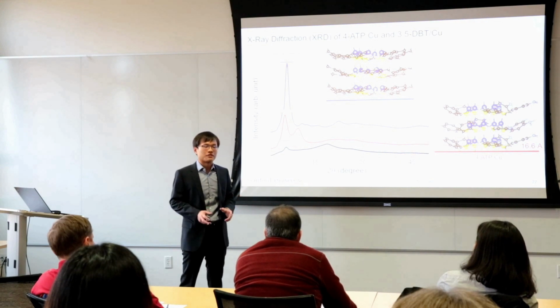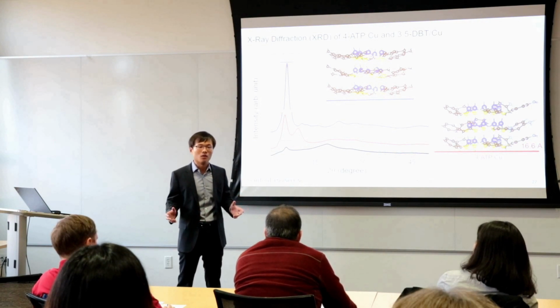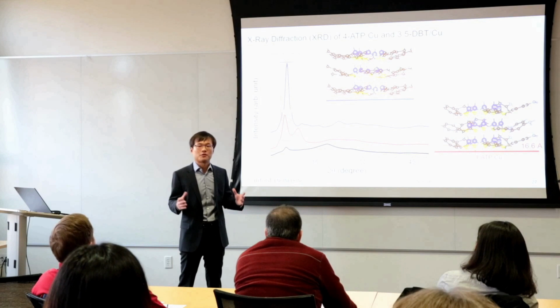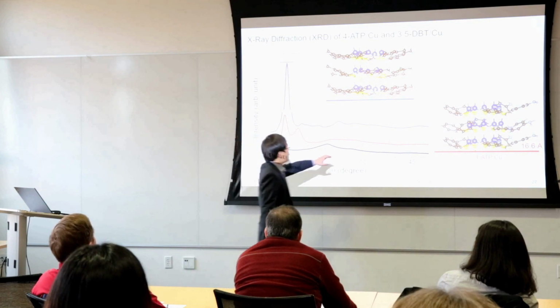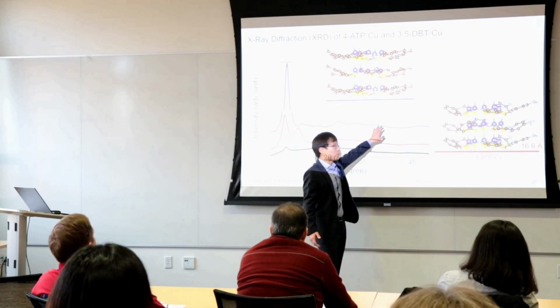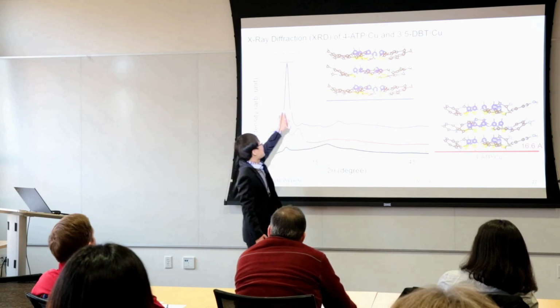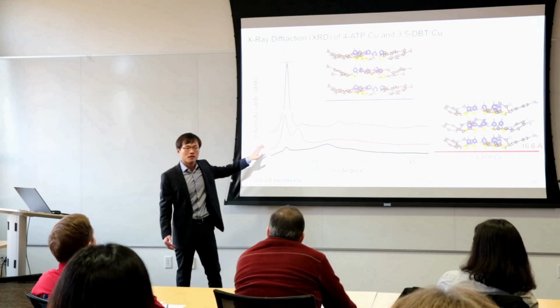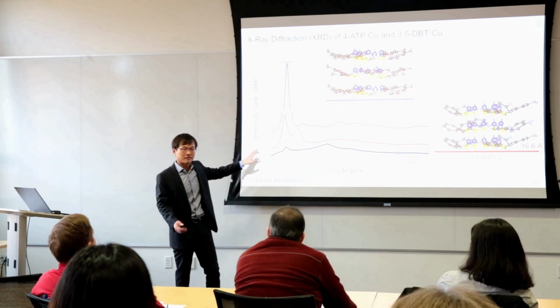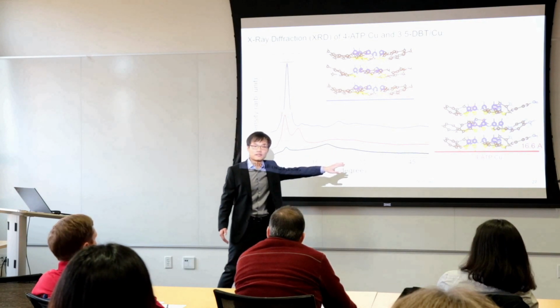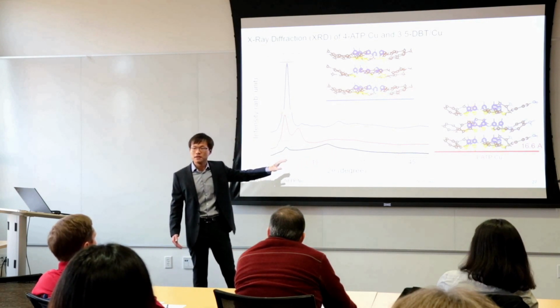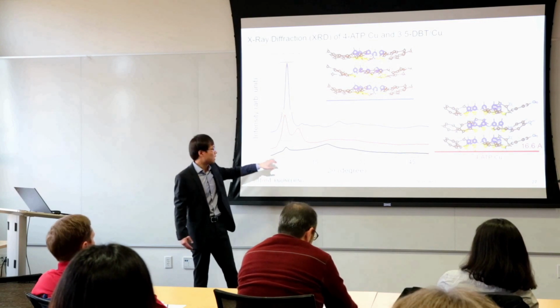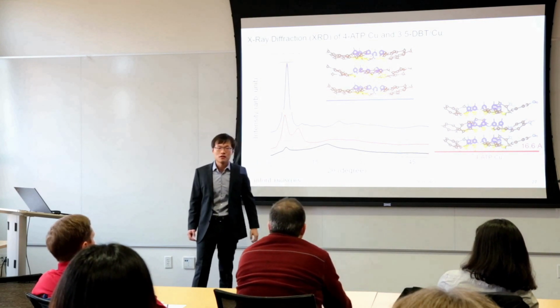These 2 numbers correlate very well with our predicted diameter of our nanowires. The 19.3 angstrom for 3,5-DBT copper matches nicely with the 14.3 angstrom recorded in XRD, and the 16.6 angstrom for the 4-ATP nanowire again corresponds very nicely with the 14.4 angstrom from XRD.